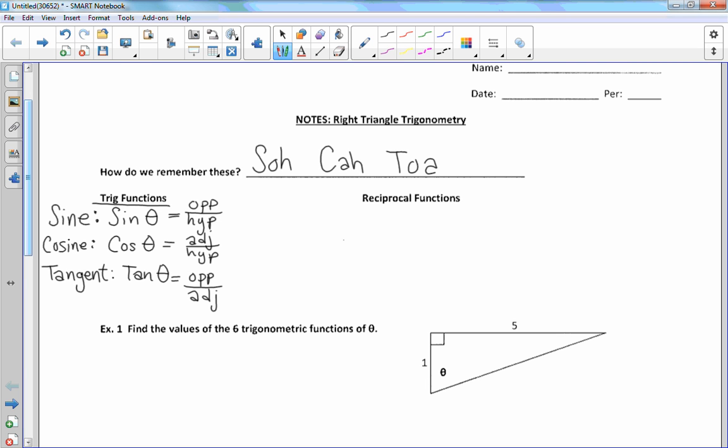I'm going to say that. SOHCAHTOA. One more time, SOHCAHTOA. SOHCAHTOA will be your friend. It's a really easy way to remember these ratios. So, sine is SOH, opposite over hypotenuse. Cosine is adjacent over hypotenuse. It tells you the order, because the order of the ratios is important. Tangent is opposite over adjacent.